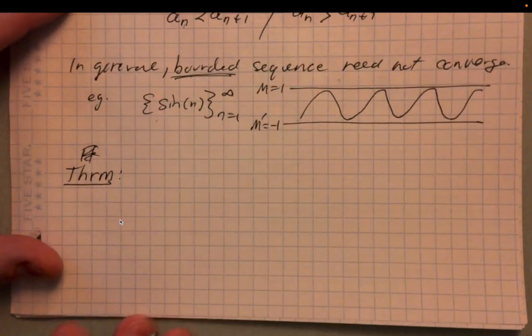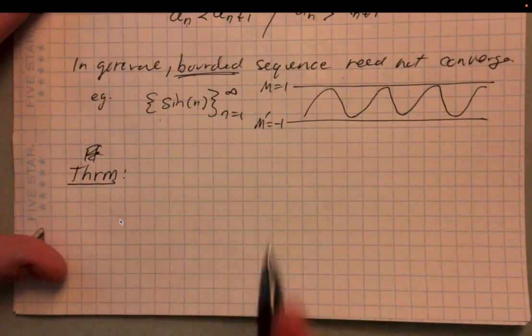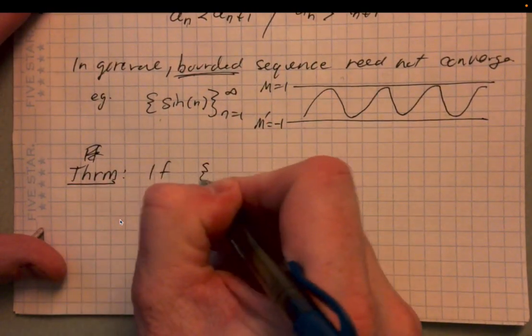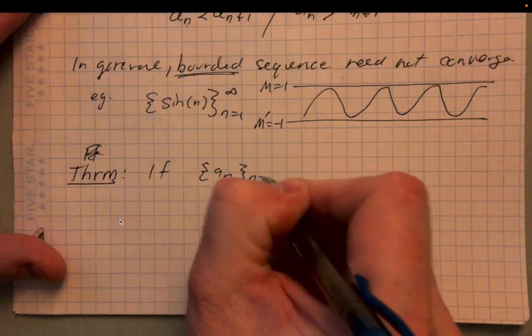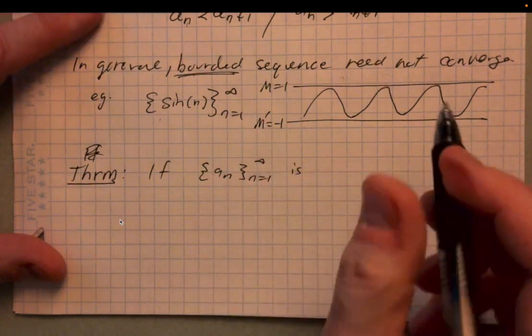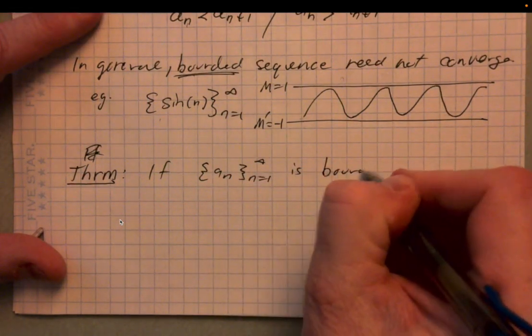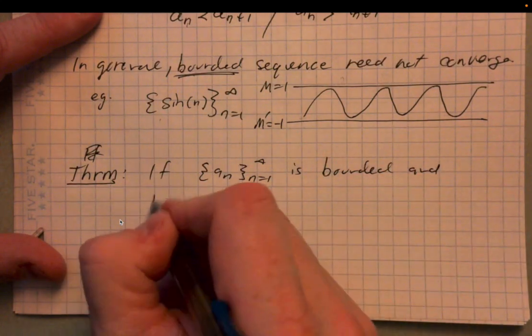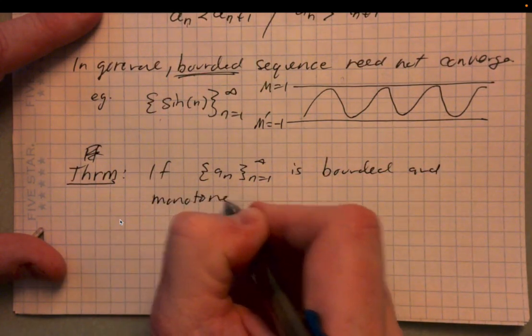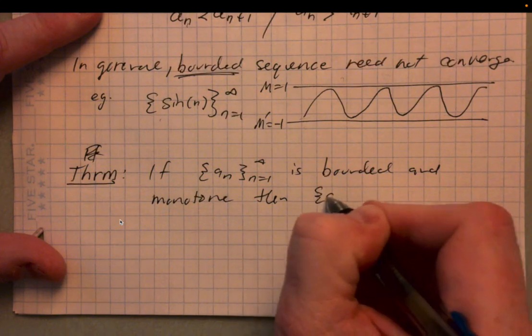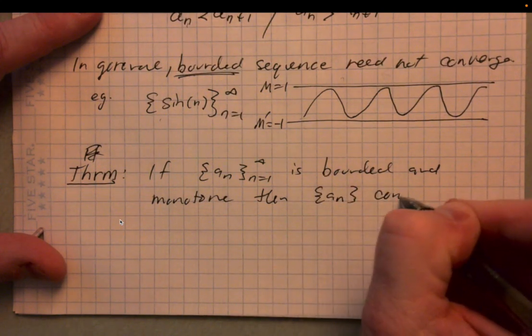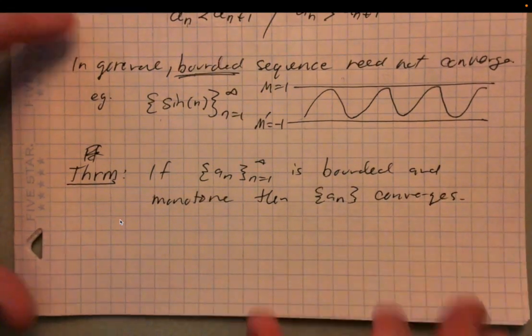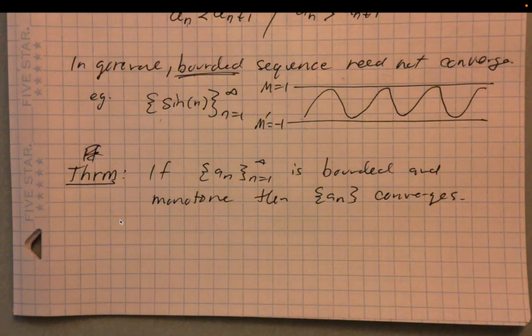One of the big theorems here: if a sub n is bounded and monotone, then a sub n converges. So if the sequence is bounded and it's monotone, then it must converge.